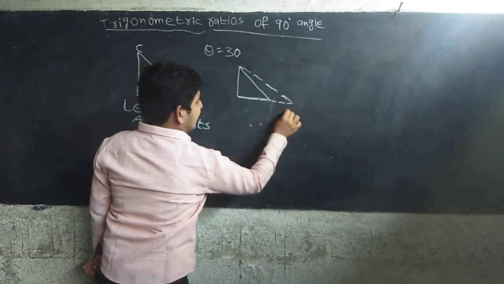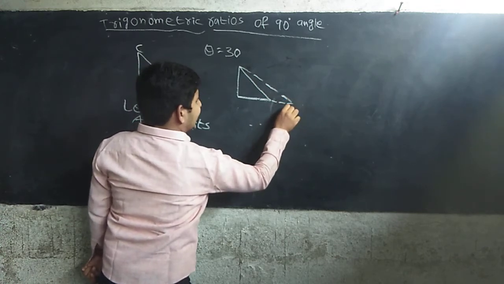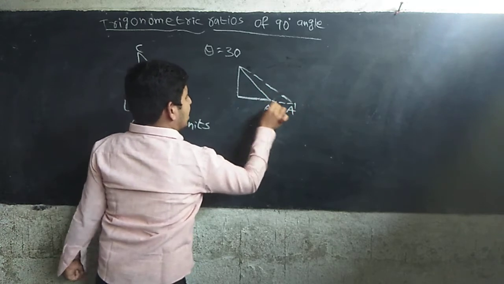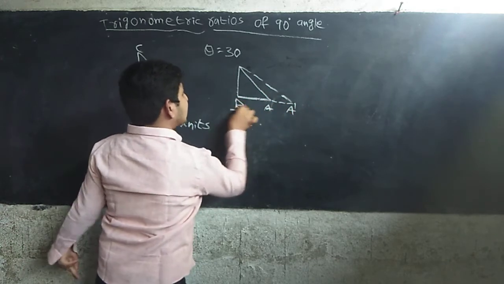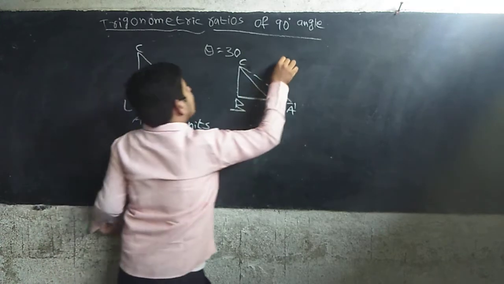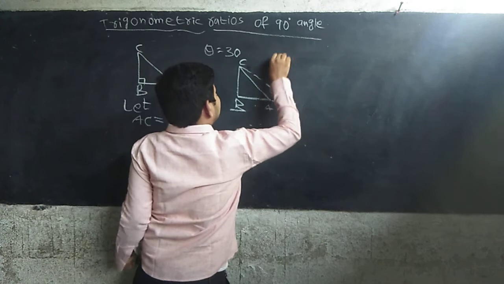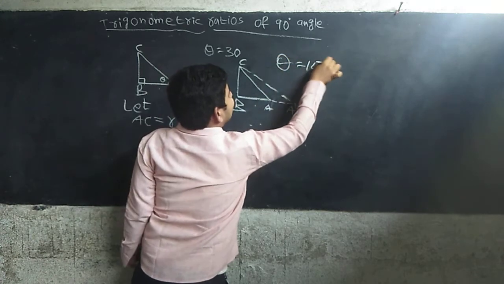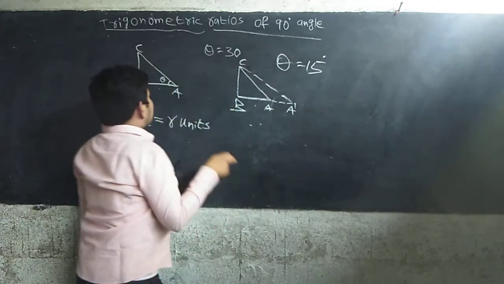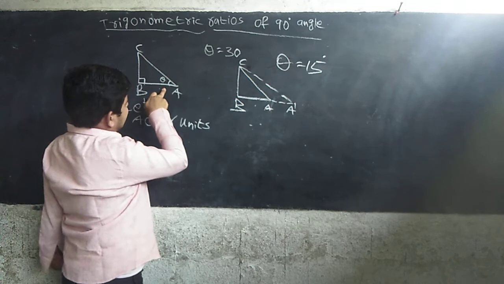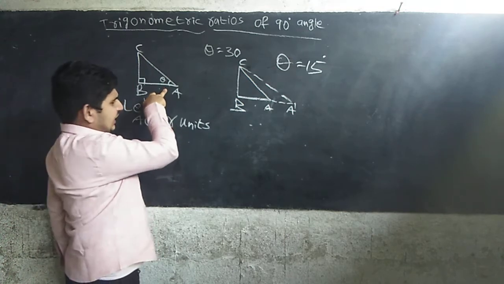Now here, in this figure A dash, B, C, angle theta equal to 15 degrees. If angle theta equal to 30 degrees, the figure is like this.